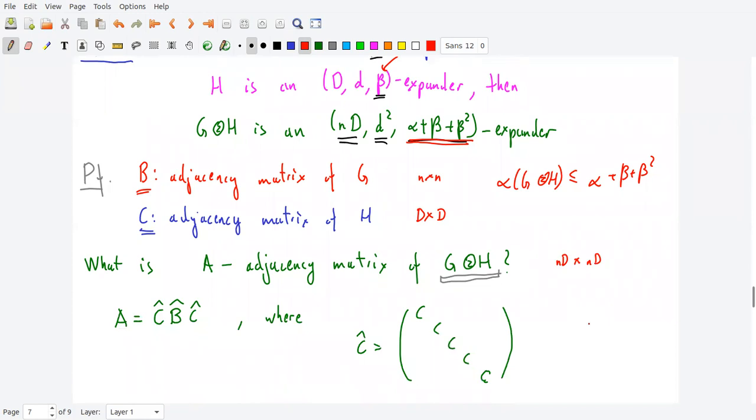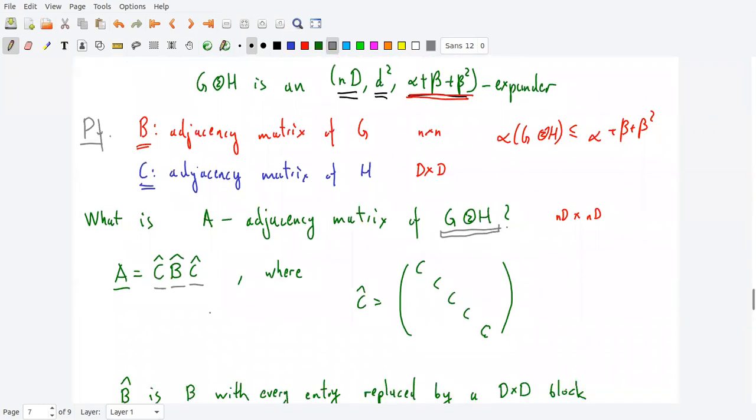You can understand it like that. If you are doing one step of a walk in A, then this corresponds to three steps of walks, one in the graph H, one in the graph G, and one in the graph H again. But not quite, because instead of having one graph H, when walking in H we actually have n copies of the graph H corresponding to the different vertices of G. So I can understand the adjacency matrix A as the product of the matrices C hat, B hat, and C hat again, where C hat is the matrix of walking within the clouds.